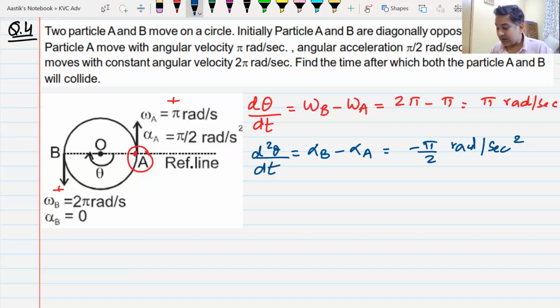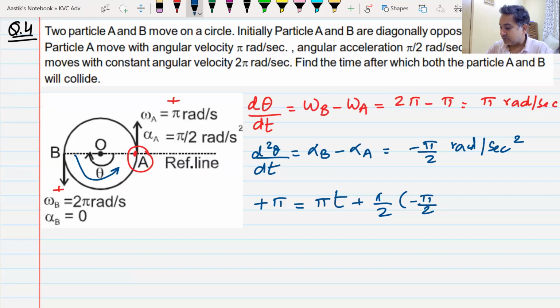What is the total angular displacement of B with respect to A? B with respect to A should move like this. This is also clockwise, this is also anti-clockwise. Total angle is plus pi. That must be equal to omega into t plus half into alpha, which is minus pi by 2, into t square.